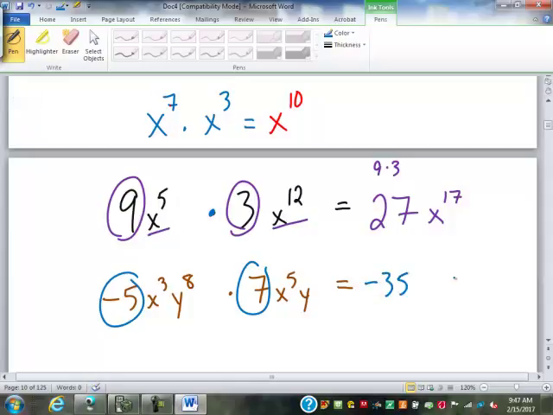Now we have both x's and y's here. When we multiply or divide, we can take each name separately. So I can do x to the 3rd times x to the 5th is x to the 8th. Y to the 8th times y? Y to the 9th. Good. We treat this as y to the 1, so 8 plus 1 is 9.